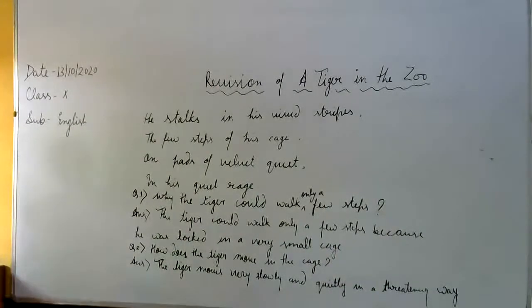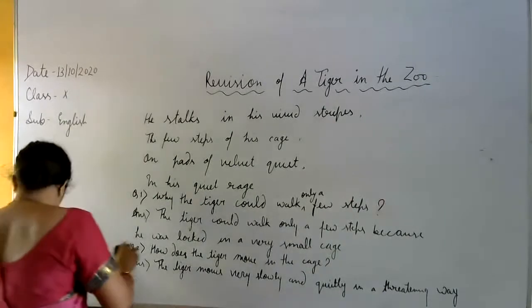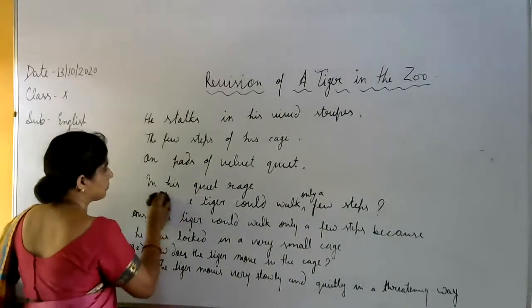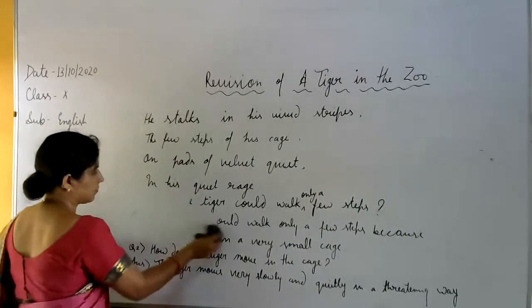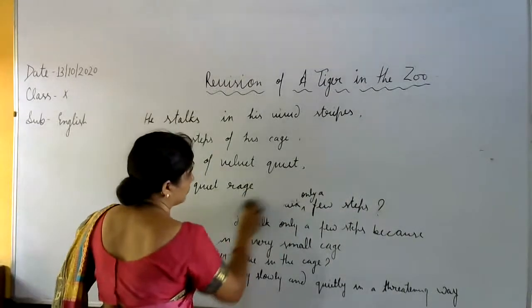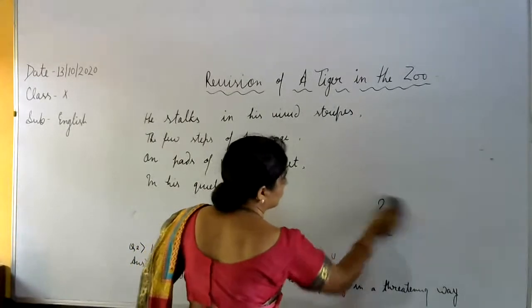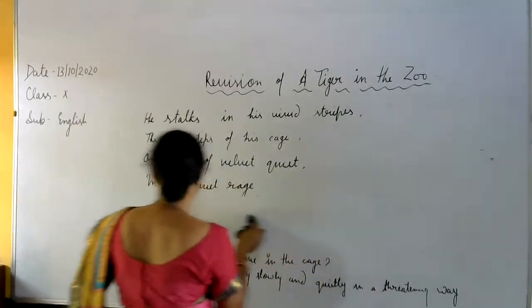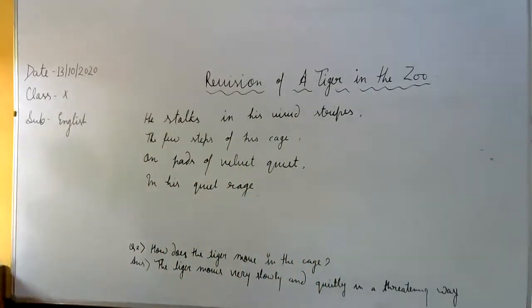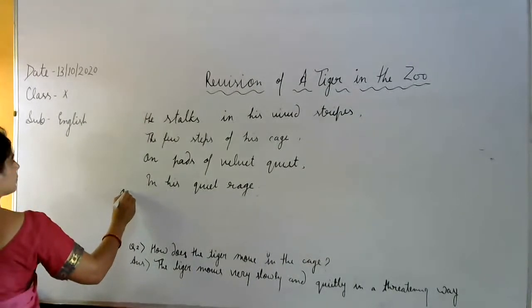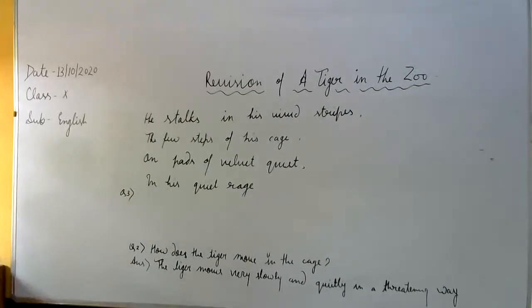Next, question number 3: what are the two qualities of the animal under reference?